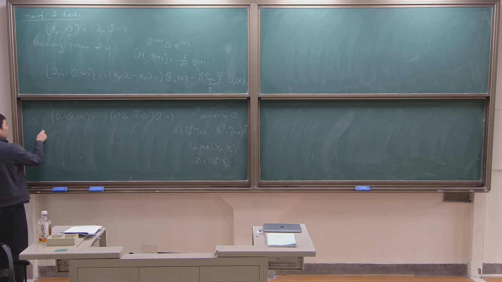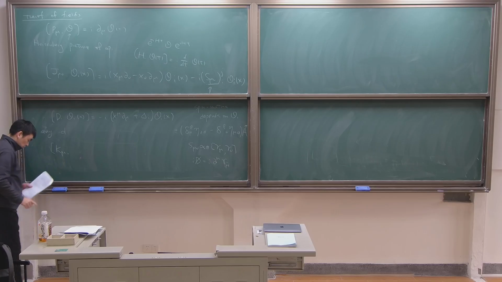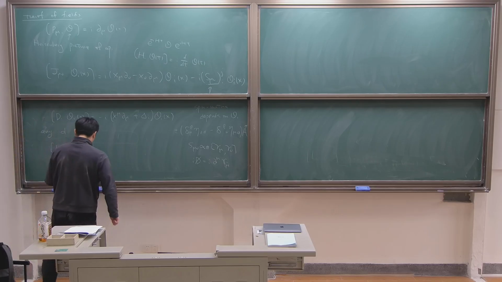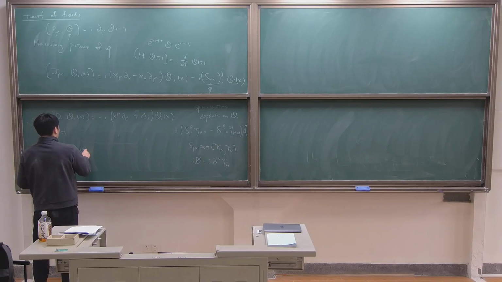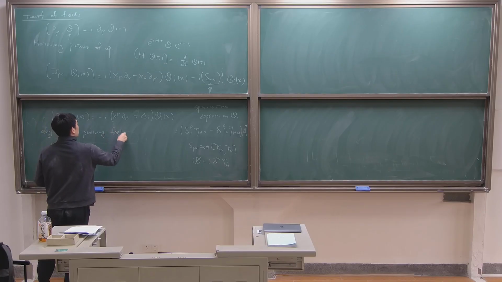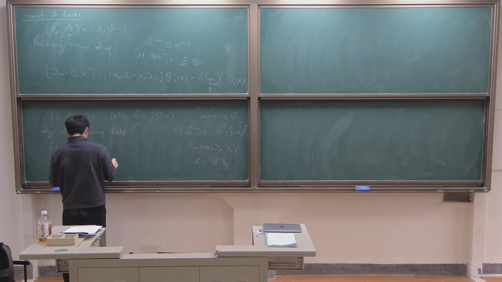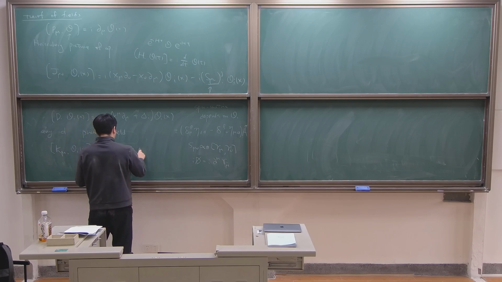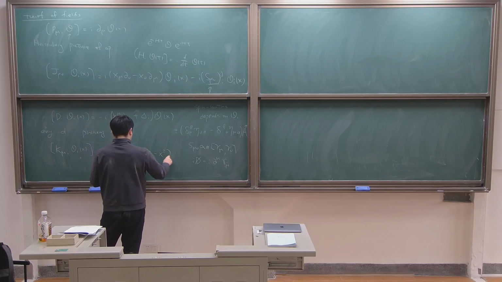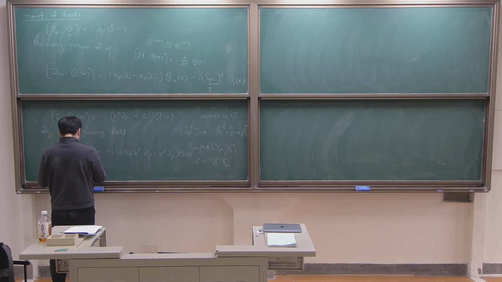In any dimension D, you can use the special conformal transformation to define a so-called primary field. That's what I wanted to explain in the first 30 minutes, but I failed. If this is satisfied for O_I of x, that's one way to define a primary field.